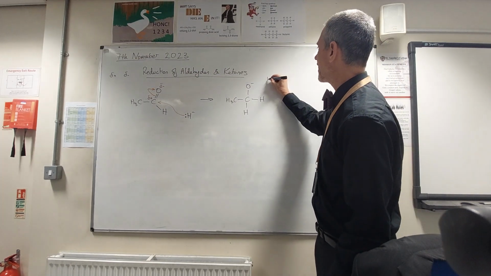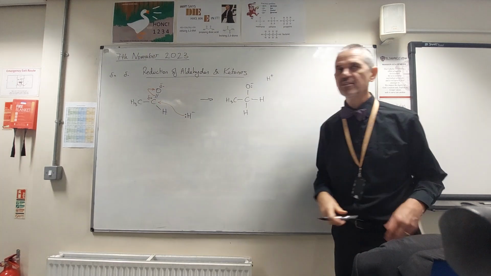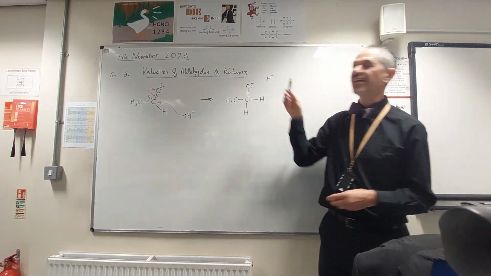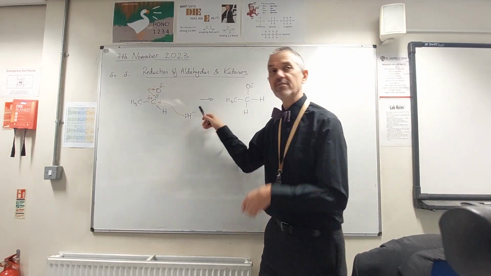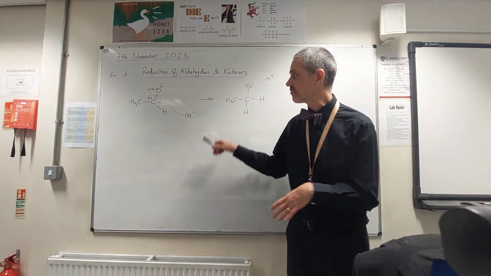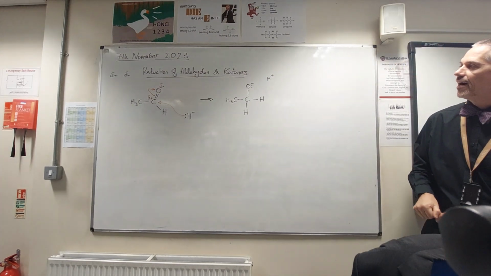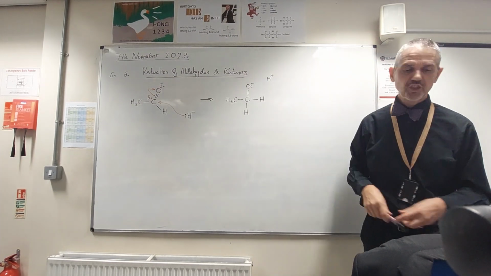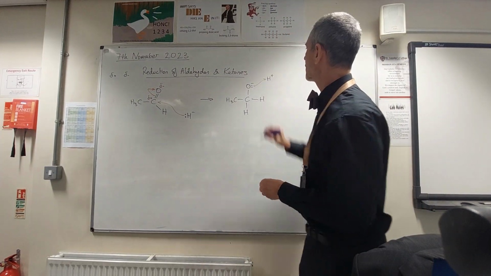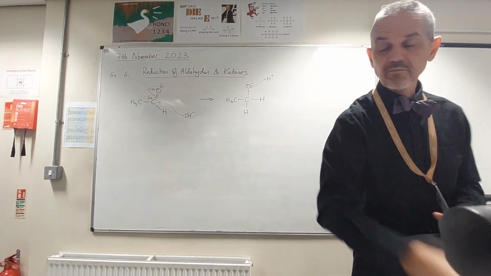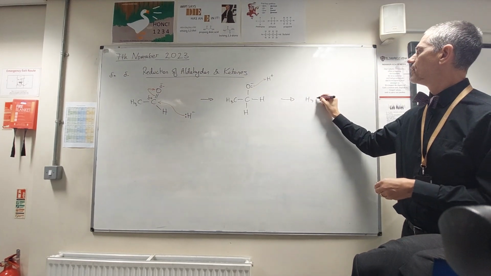So there will be some H plus in there towards the end, but it's like a second step. So if you're confused about how H minus and H plus are sort of sharing a bedroom, they're not. That will be step one, bubble, bubble, bubble, half an hour, whatever it is. When you think you've got all of your alcohol, then we chuck in a bit of H plus, and hey presto, we can get our alcohol.